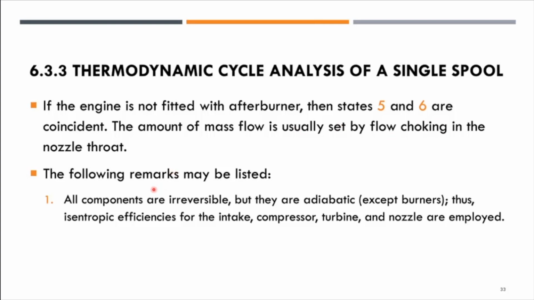And the following remarks may be listed. For example, number 1, all components are irreversible, but they are adiabatic except for the burner. Okay, thus isentropic efficiencies for the components such as intake, compressor, turbine, and nozzle are employed.